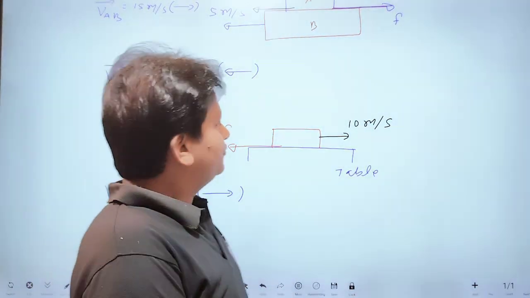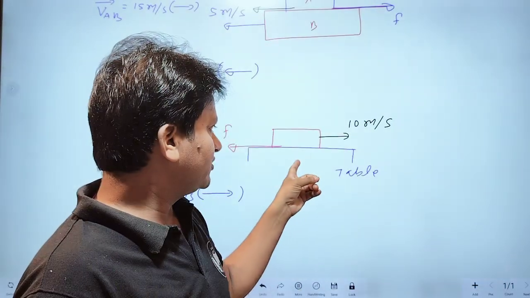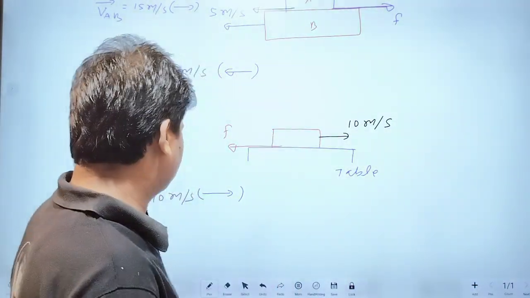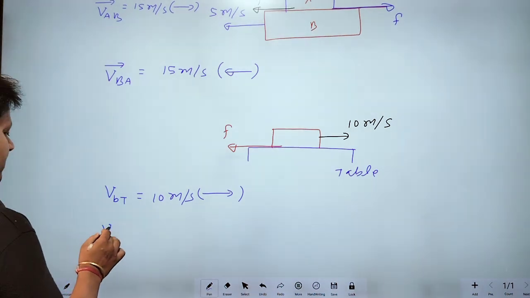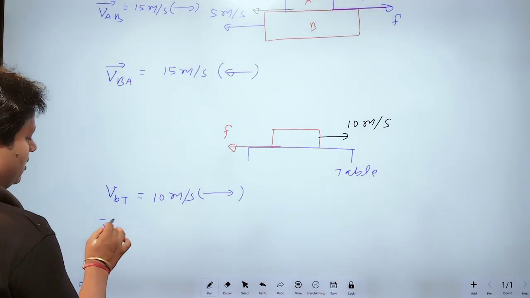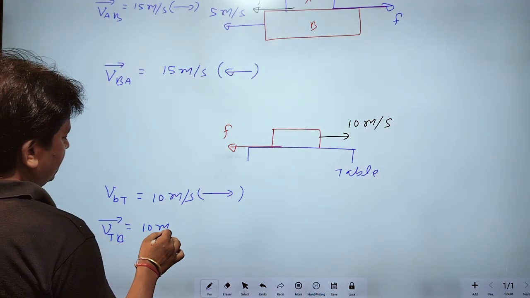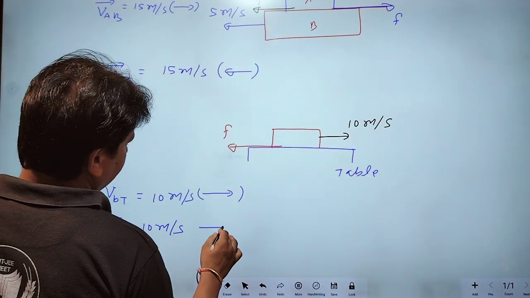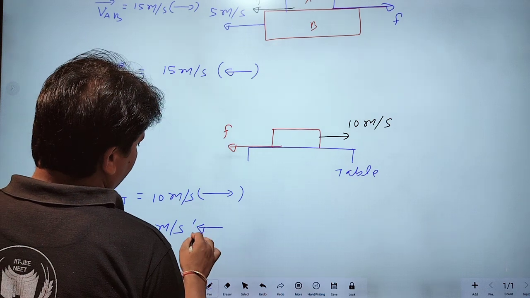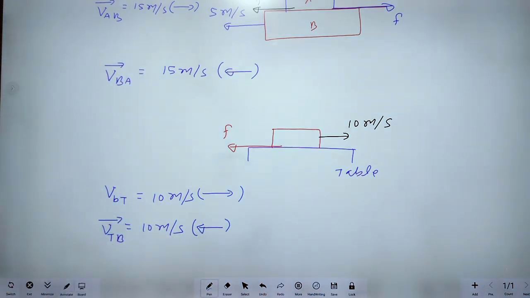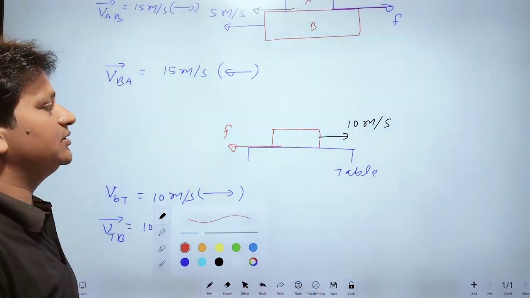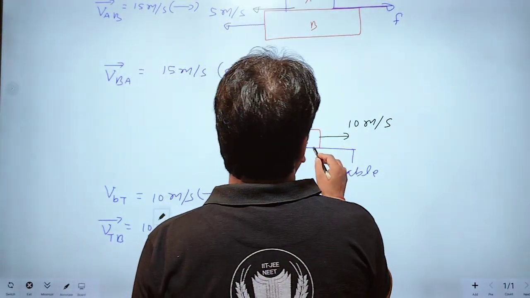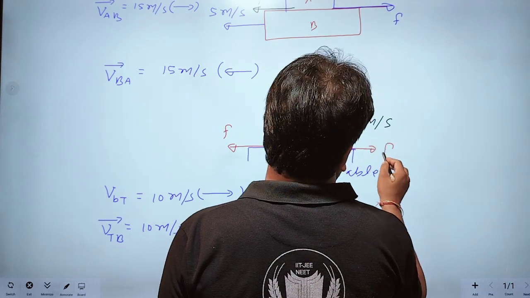Now I am going to find the friction force acting on the table due to the block. First of all, we find the relative velocity of the table with respect to the block. This will be equal to 10 meters per second in leftward direction. Therefore, the friction force acting on the table due to the block will be in rightward direction.